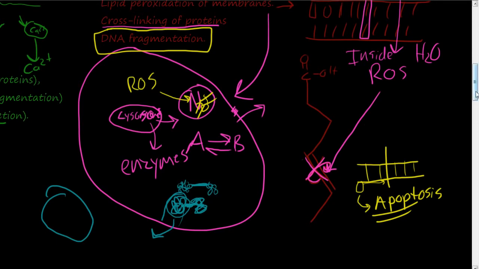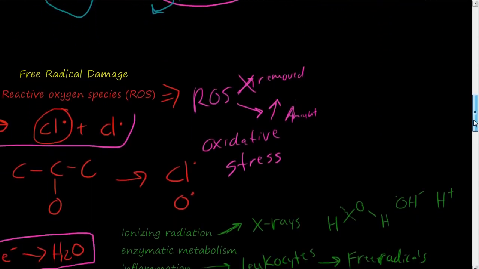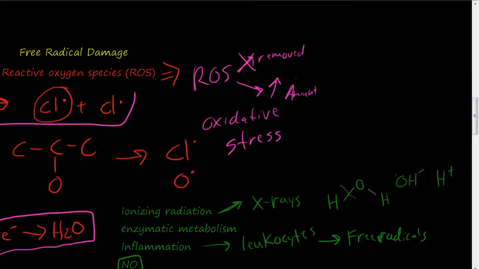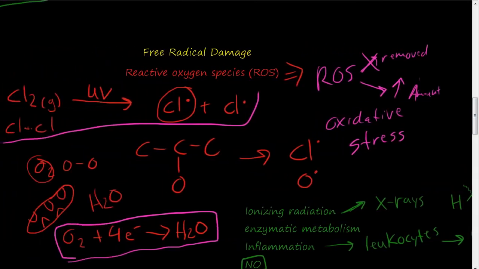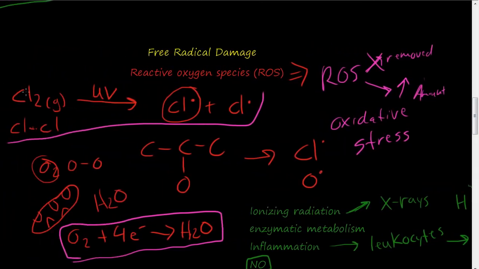So to recap what we've talked about, free radicals and free radical damage: a free radical is simply any kind of atom or molecule that has one unpaired electron in its outer shell.